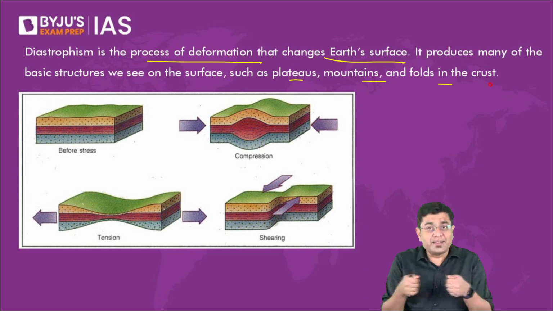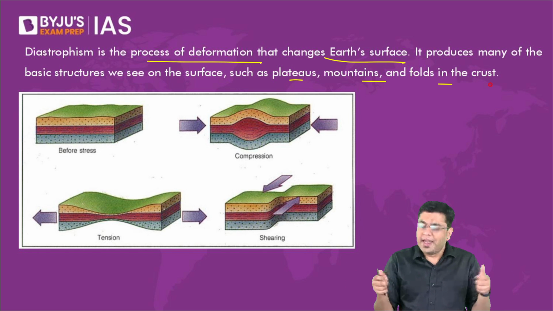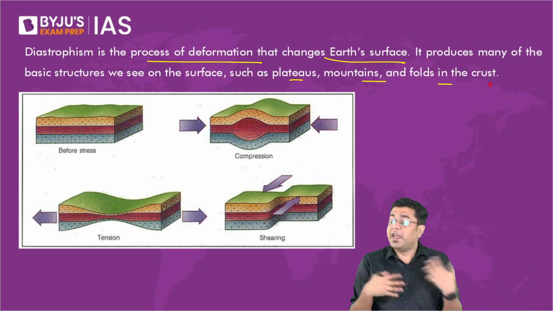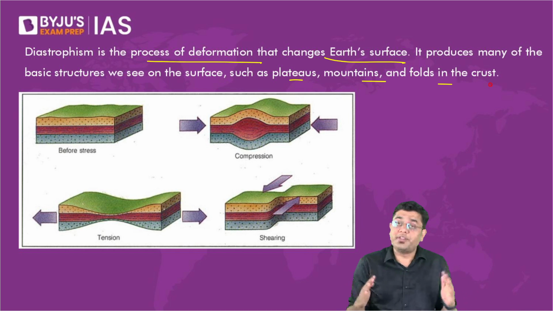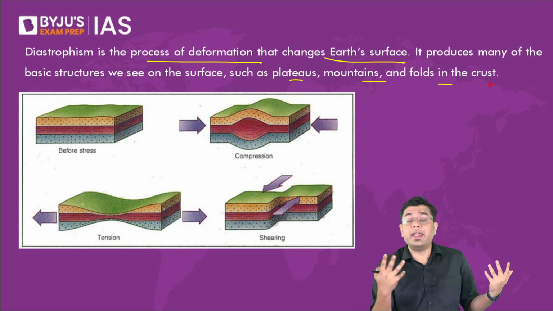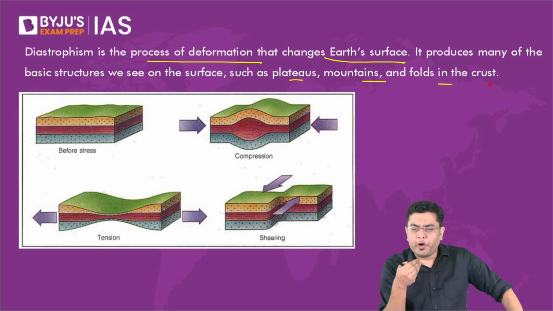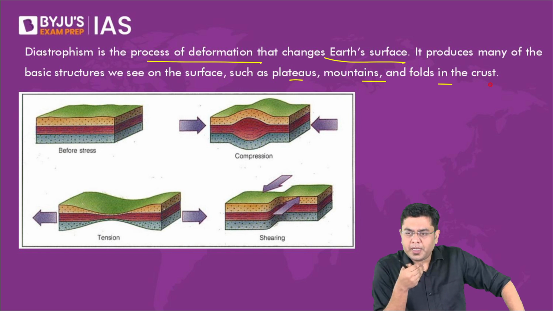That movement is largely horizontal. It can bring about a tension, it can bring about a compression. Whenever compressional force is brought about, there is a fold creation or there can be a fault creation. Compression leads to which kind of fault? Let me see if we have any retention of what we covered yesterday.